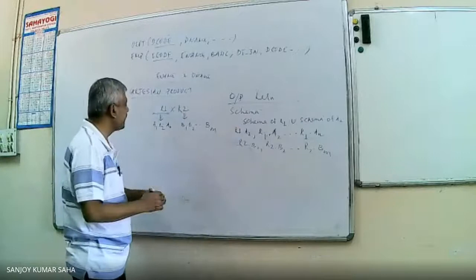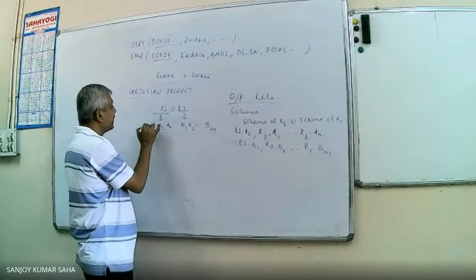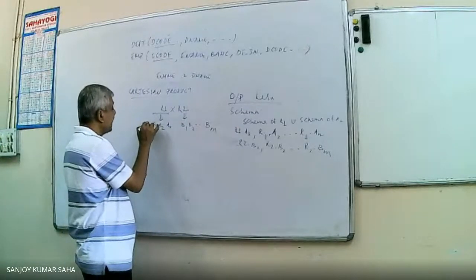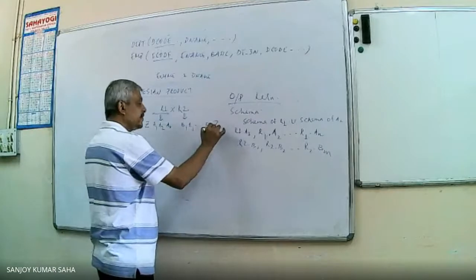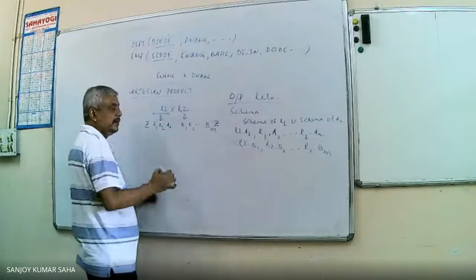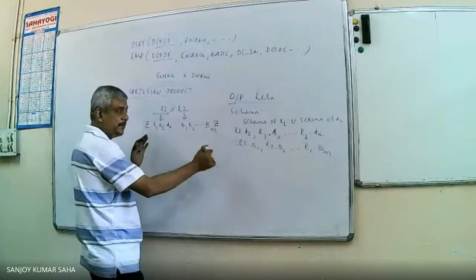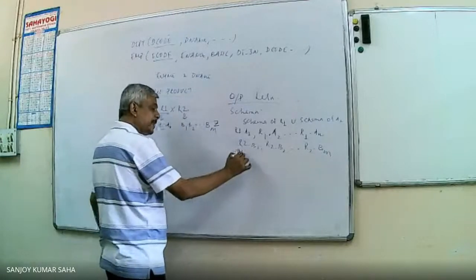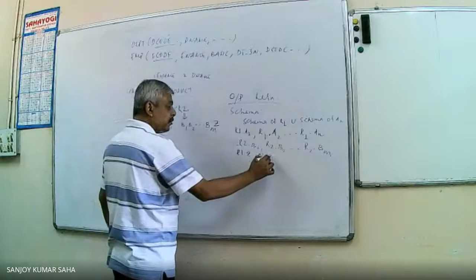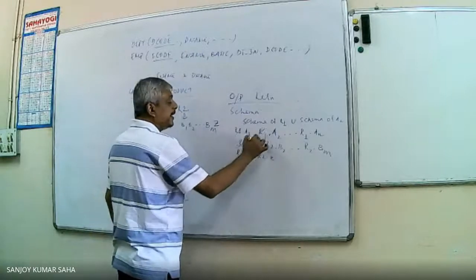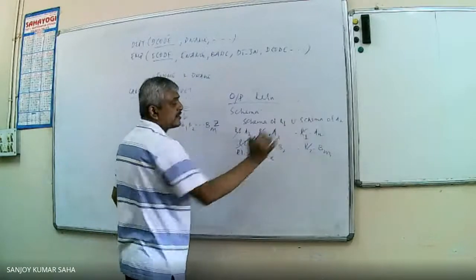Now, if we have an attribute Z here, and it is also Z here, and we have the same name, then we cannot distinguish them. Then we are bound to specify them as R1.Z, R2.Z. But if the names are different, one can skip.